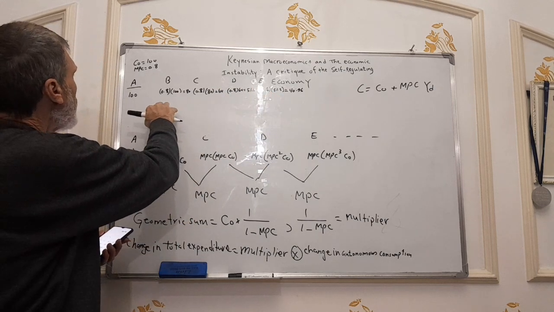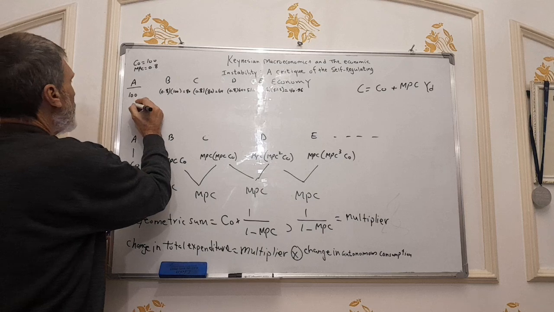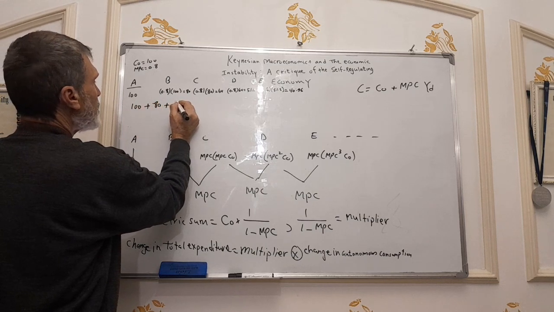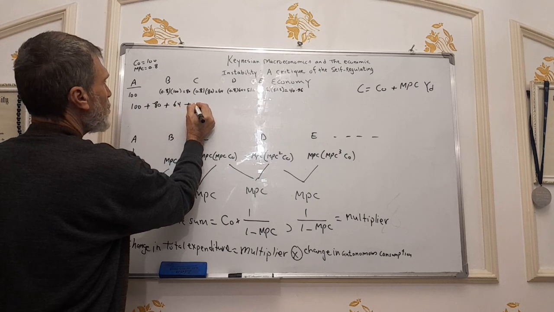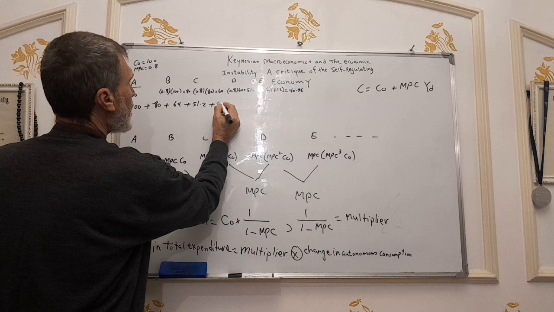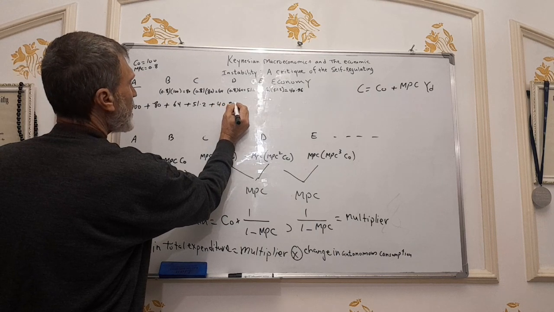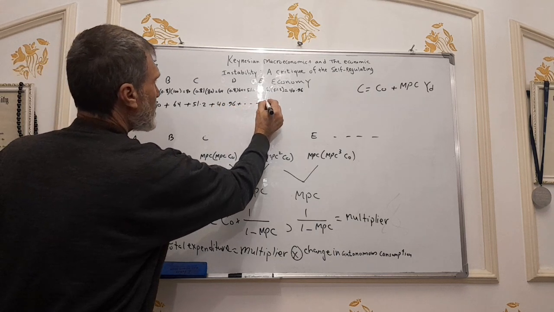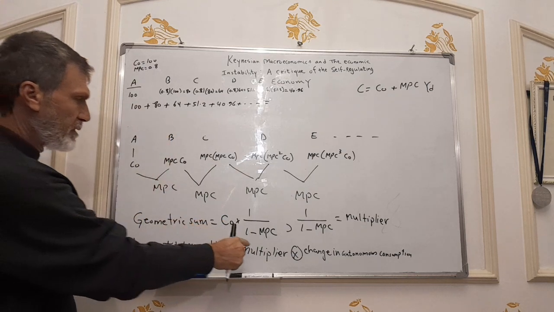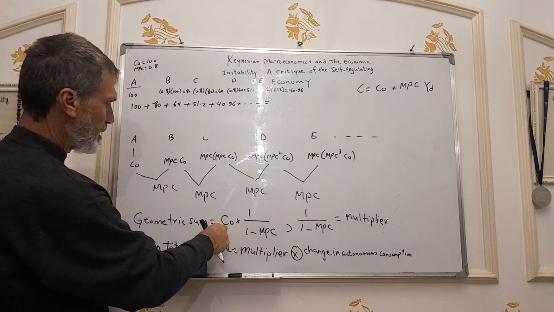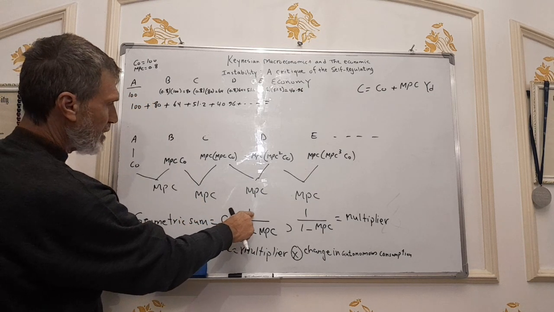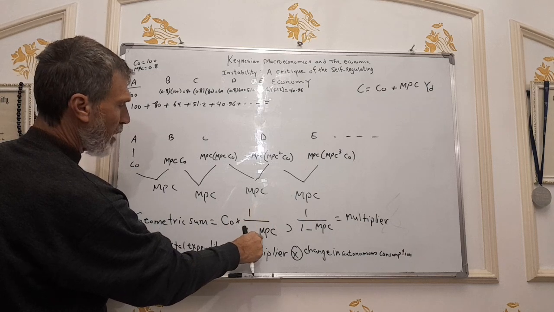So when you add all these things, 100 plus 80 plus 64 plus 51.2 plus 40.96 plus all these things, you will come up with this formula, which is C0, 100, times the multiplier, 1 over 1 minus MPC.